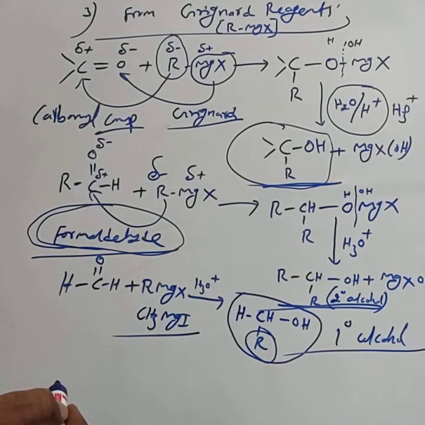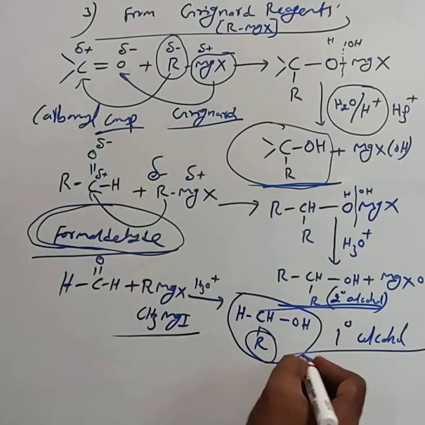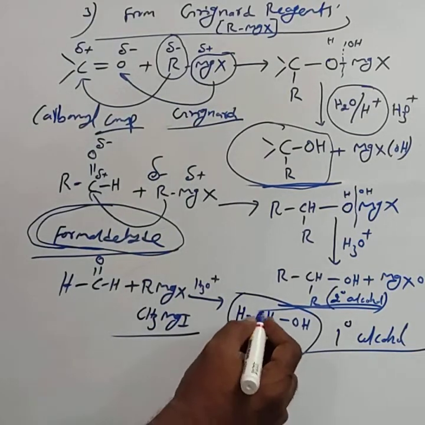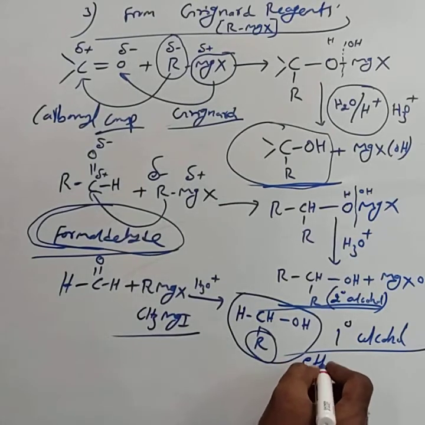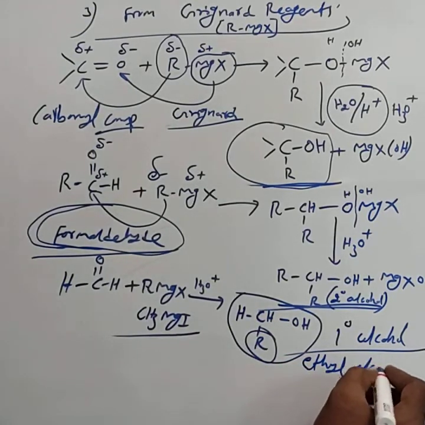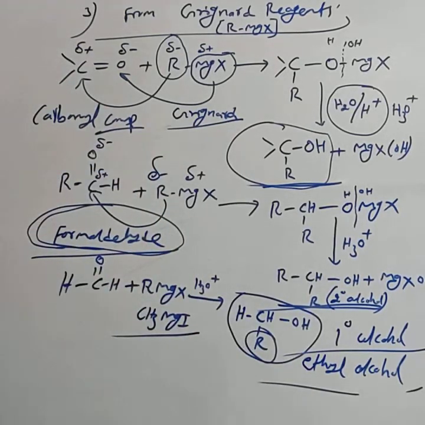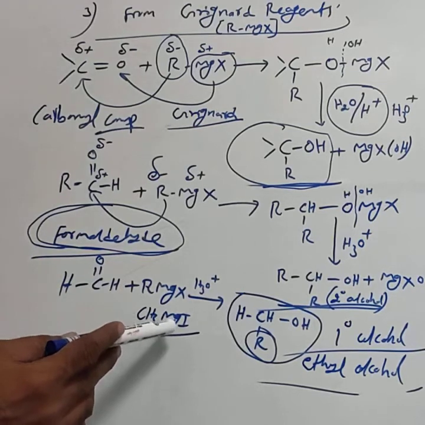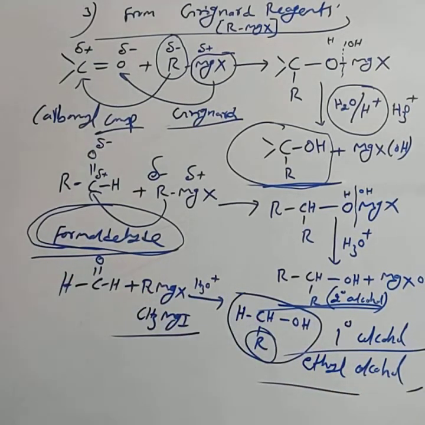Then what is the name of that alcohol? RCH2OH with R replaced by CH3 gives CH3CH2OH, which is called ethyl alcohol. Ethyl alcohol, correct. The product formed when formaldehyde reacts with methyl magnesium iodide followed by acid hydrolysis is ethyl alcohol.